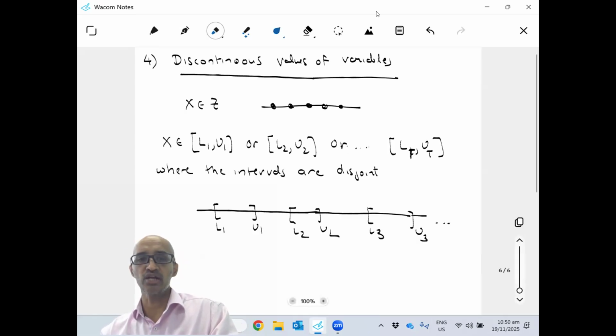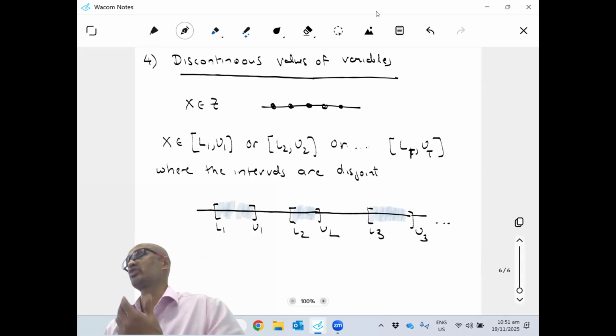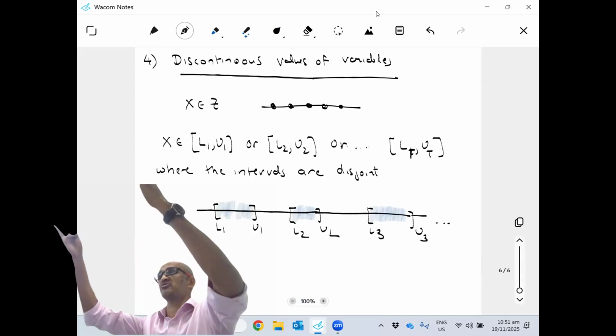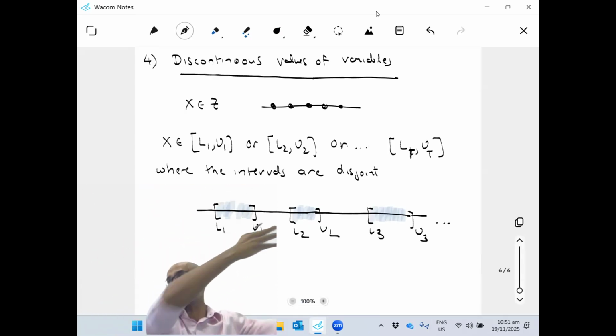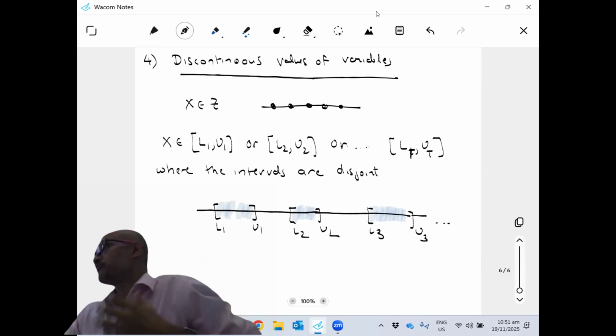The point here is x can only take these values, and x cannot take values outside these sets. Somehow I want to capture in my problem that numbers can be in these sets, but cannot be anywhere else.